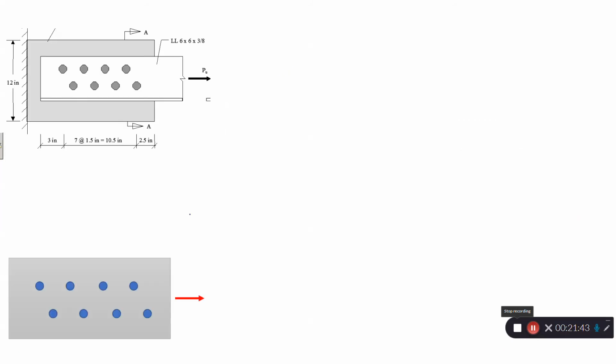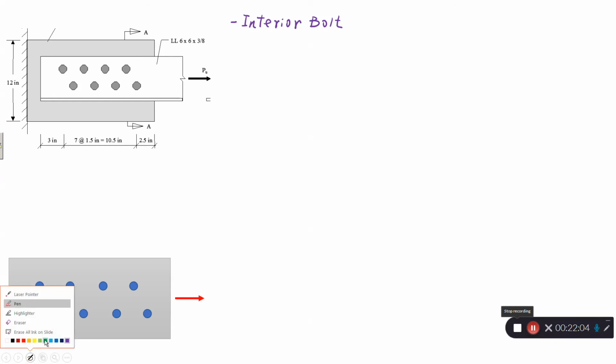And then let's look at the interior bolt. Interior bolt. So these two are the exterior bolts, and all the others, so all the other 6, are the interior bolts.